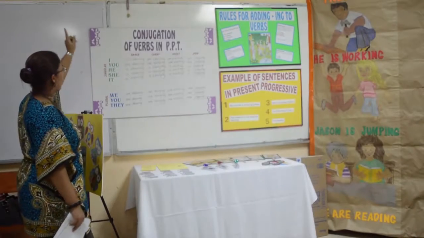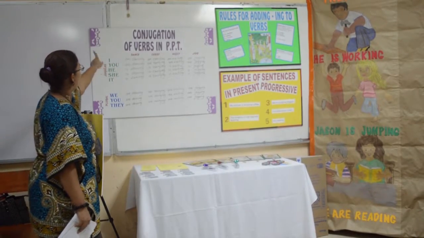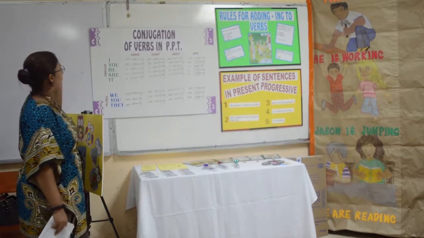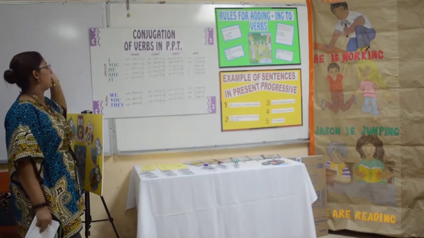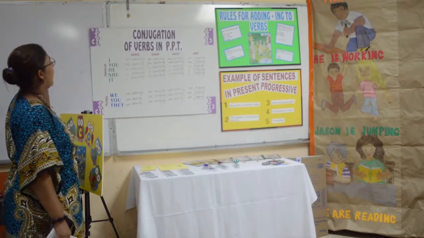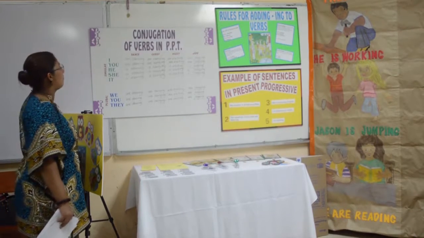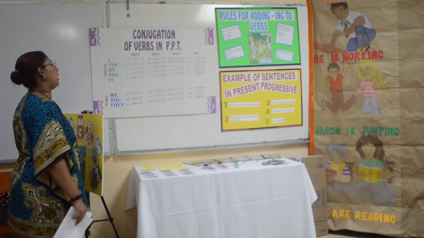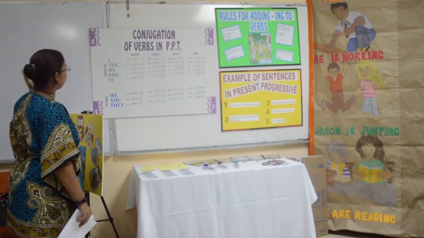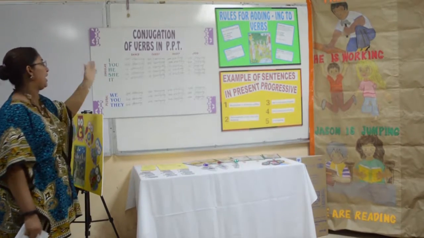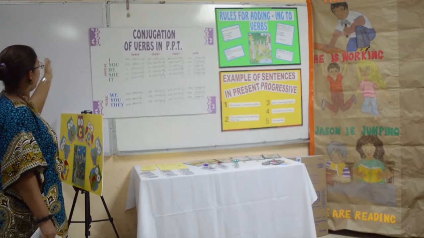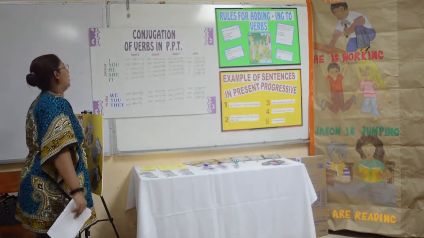Drop the e and add the ing. I am dancing. Carry. This is a verb that ends with y. And before that y, we have a consonant, so we only have to add the ing. So we have I am carrying.